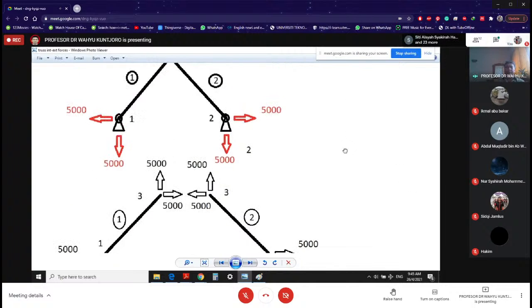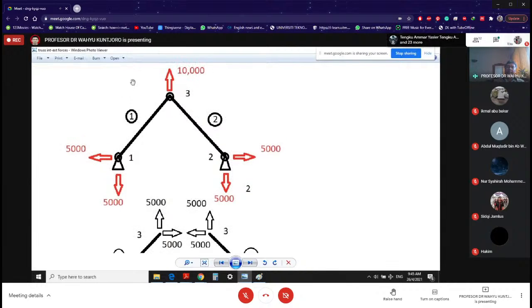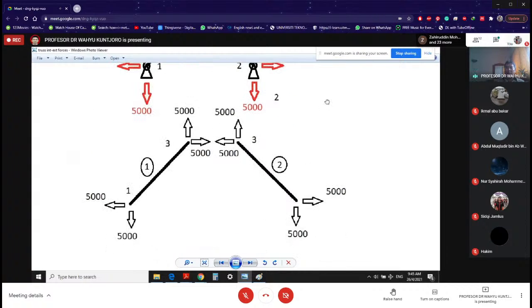Let's go to node number 3. External 10,000. Node number 3 belongs to element number 1 and also to element number 2. That means it is being shared. Look at node number 3 according to element number 1, and node number 3 according to element number 2. 5,000 and 5,000 cancel, becoming 0. 5,000 and 5,000 combine, becoming 10,000.